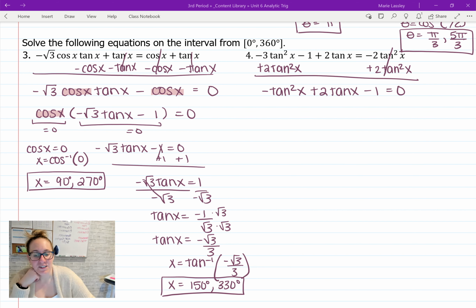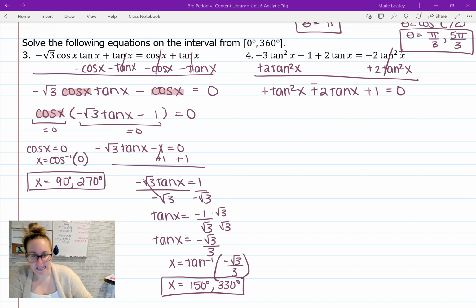So what I like to do when I'm factoring is, I don't like to have a negative number out front. So I'm just going to multiply through by -1, which is just going to change all of my signs. That becomes positive, that becomes negative, that becomes positive, and 0 times -1 is still just 0. 0 is neither positive nor negative.